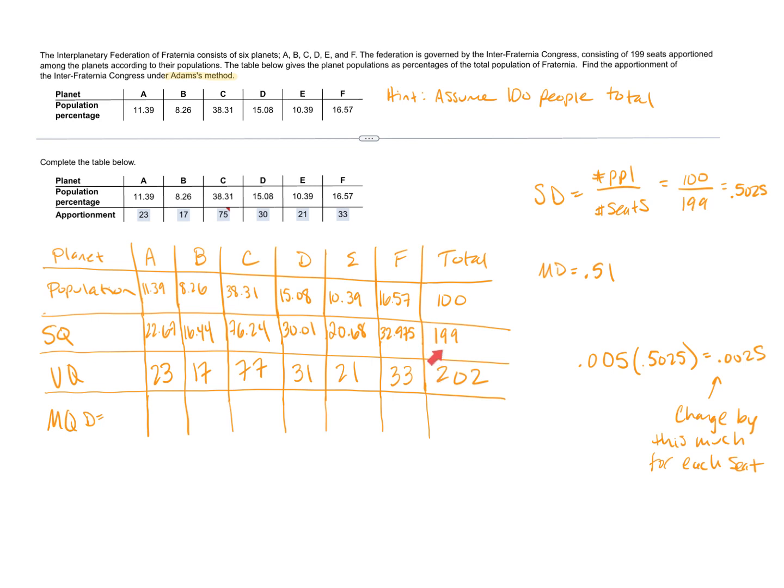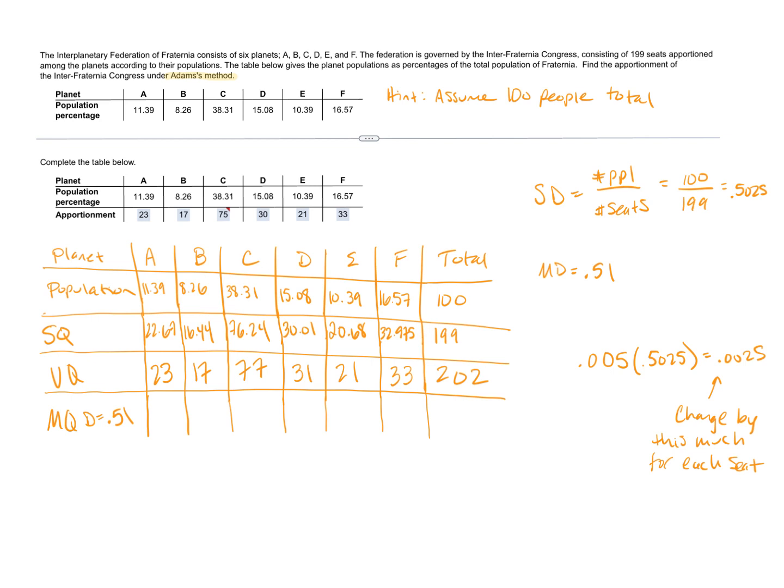I'm off by 3 seats, so I tripled this and added it to this, and I got 0.51. But this is a trial and error process. You could have just guessed a new number. The only stipulation is that when this number is too big, make the divisor bigger. You might have even jumped all the way to 0.6. That probably would have given you way too few seats, but it would narrow you in on the number you're looking for.